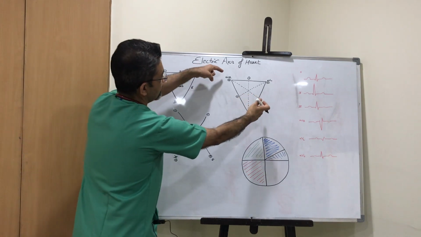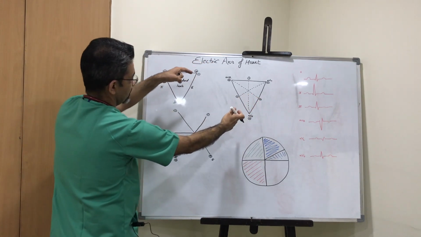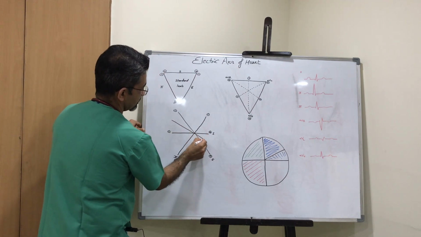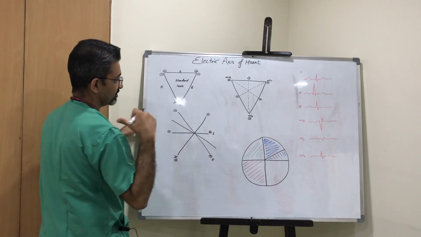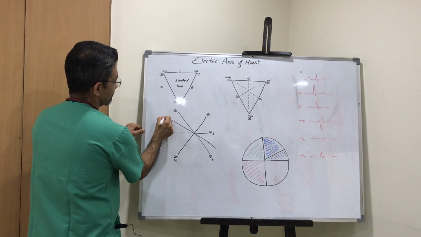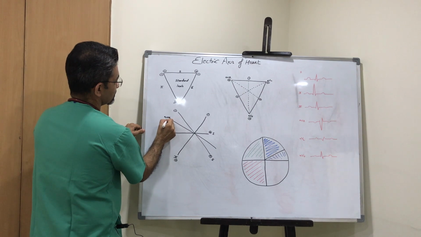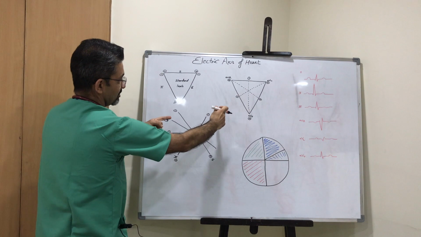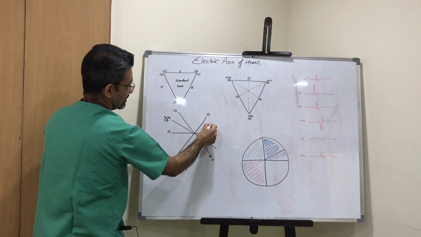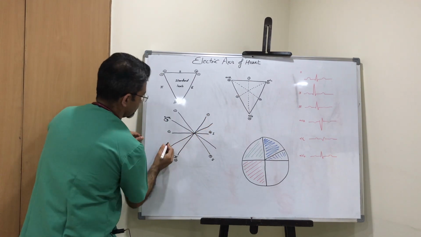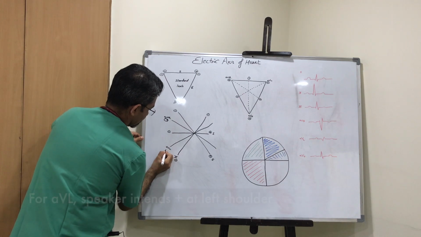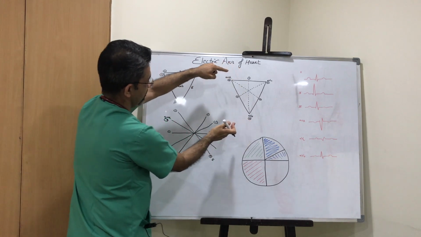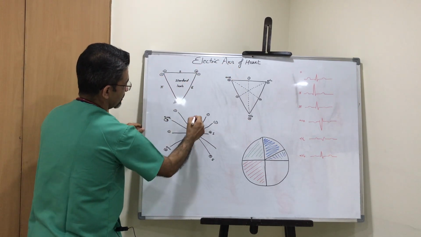Now I'll take AVR and put it here like this. AVR positive is at my right shoulder, so this is AVR. I take AVL and put it on this axis, positive, negative, and AVF I put here.